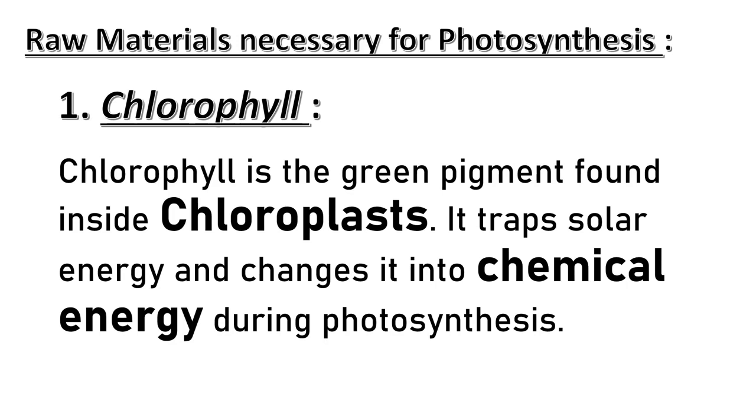As we learned, plants require some raw materials for performing the process of photosynthesis. Let us now look at all these raw materials one after another. First material is chlorophyll.